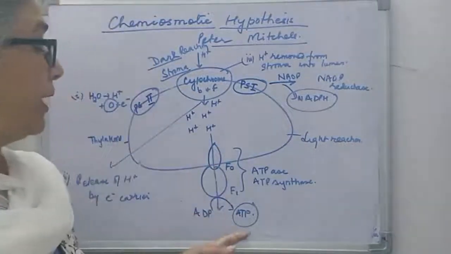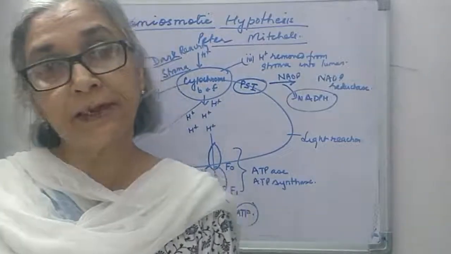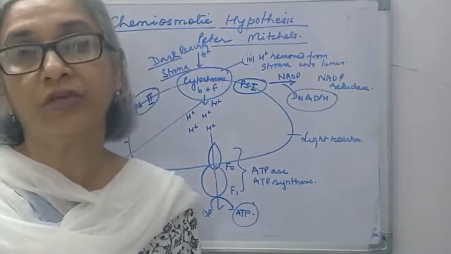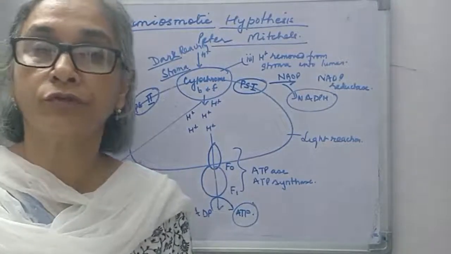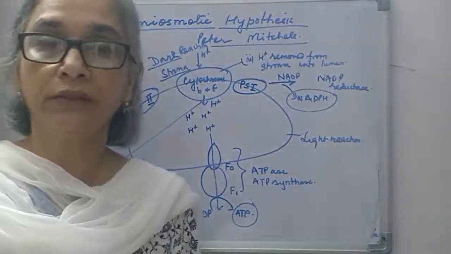So this is how ATP synthesis, or we can say phosphorylation, takes place in the thylakoids in presence of light. So it is called photophosphorylation.